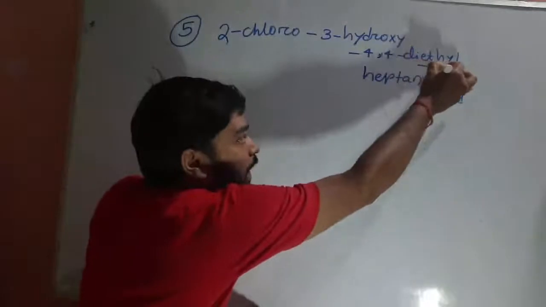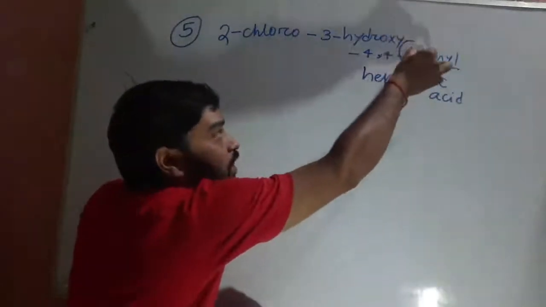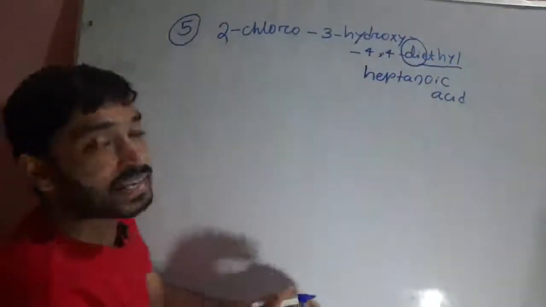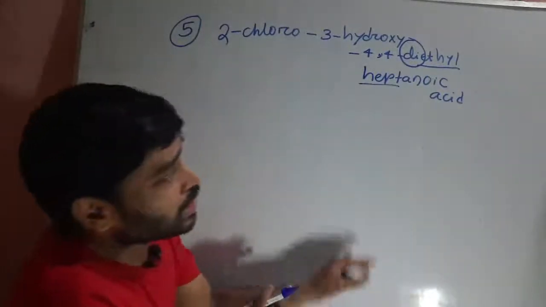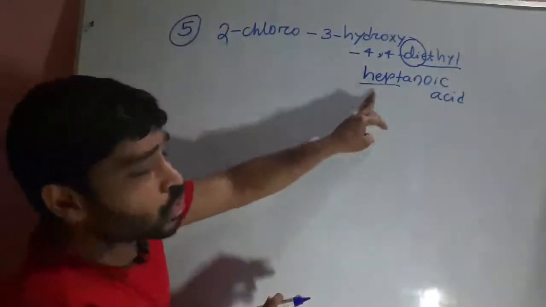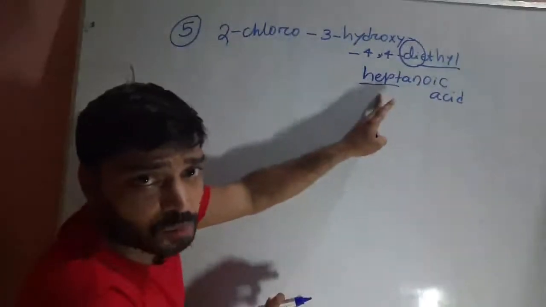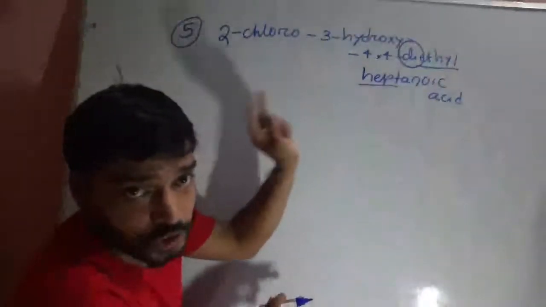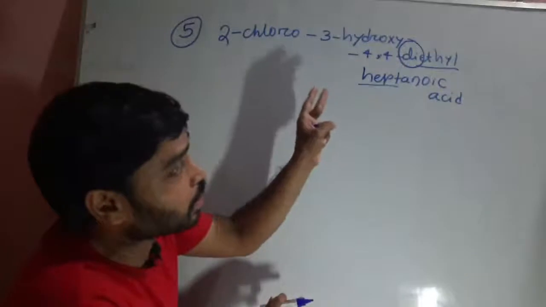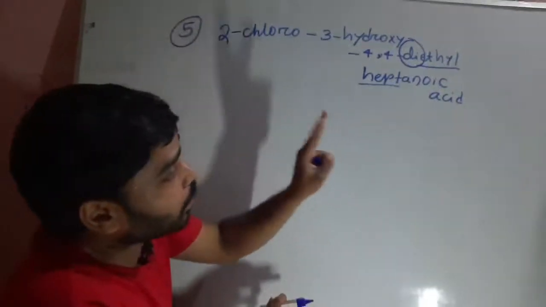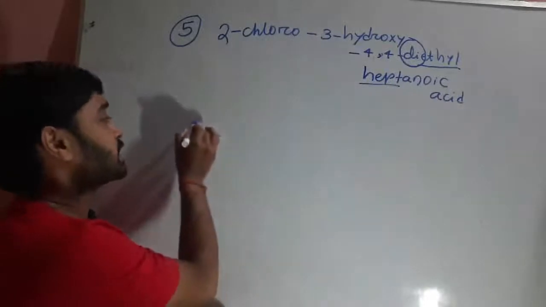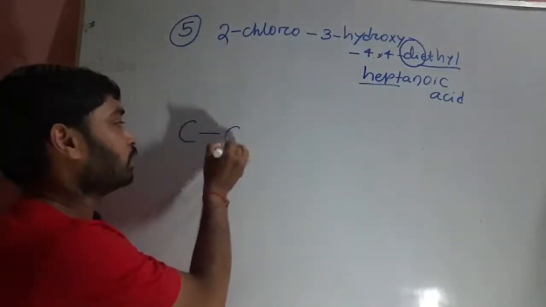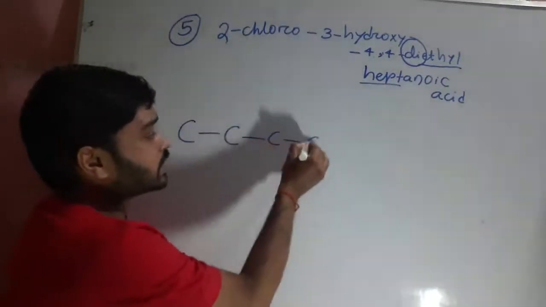Here the term di, I have told, expresses the numerical term or the identical substitution of carbon present in this part. So it is the parent chain of this given IUPAC name. So hept is the total number of carbons present in the longest continuous carbon chain. So in this case, I am placing 7 carbons by using the single bond.